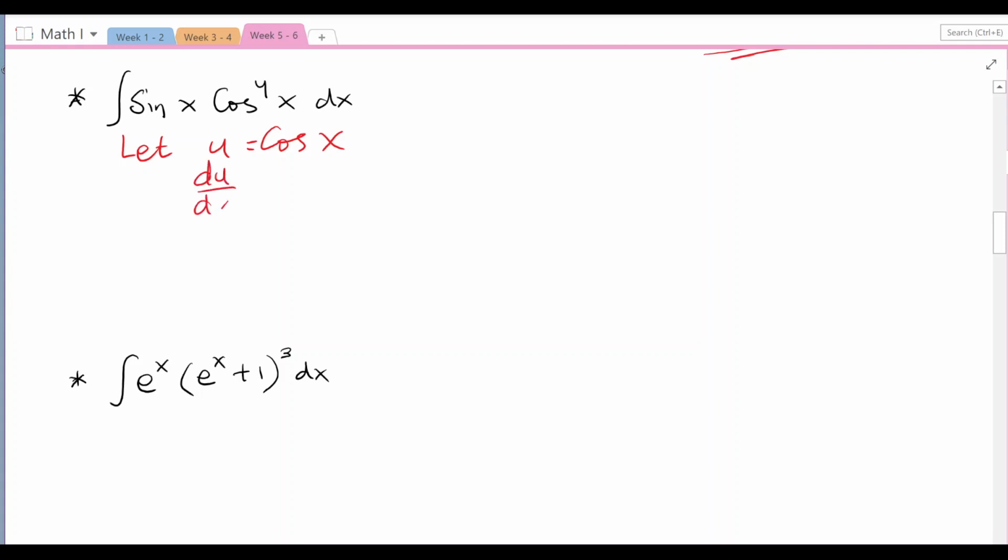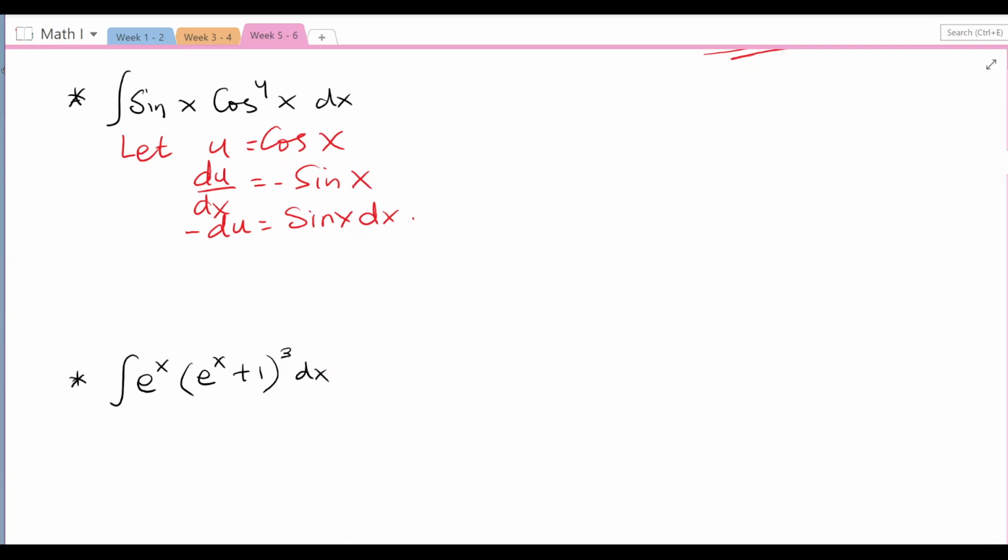du with respect to x equals negative sine x. Just leave it like that at the moment, or negative du equals sine x dx, which we can then replace in the question.